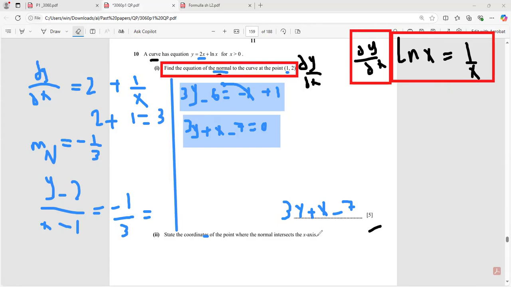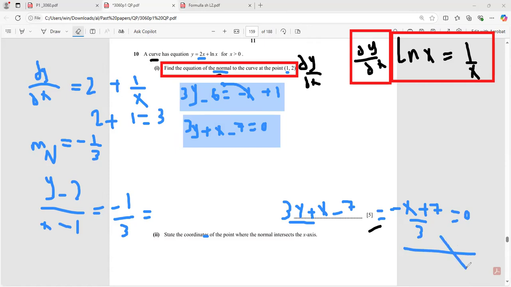Let's make y alone, so it will be equal to negative x plus 7 over 3, equal to 0, just to get when the normal meets the axis.